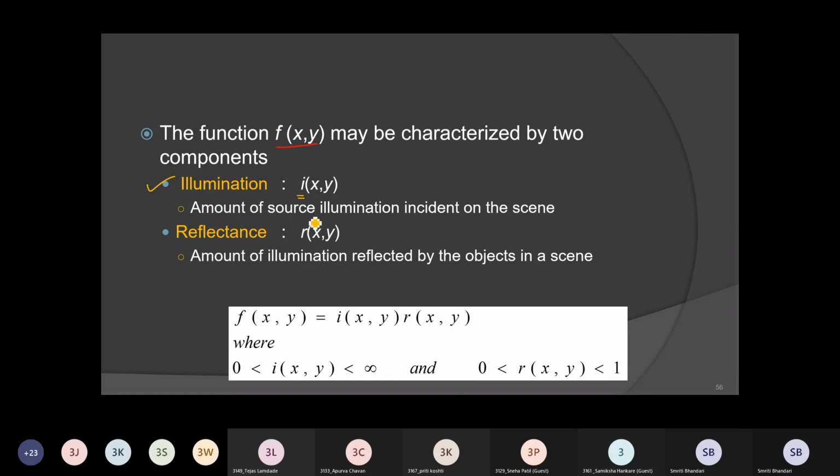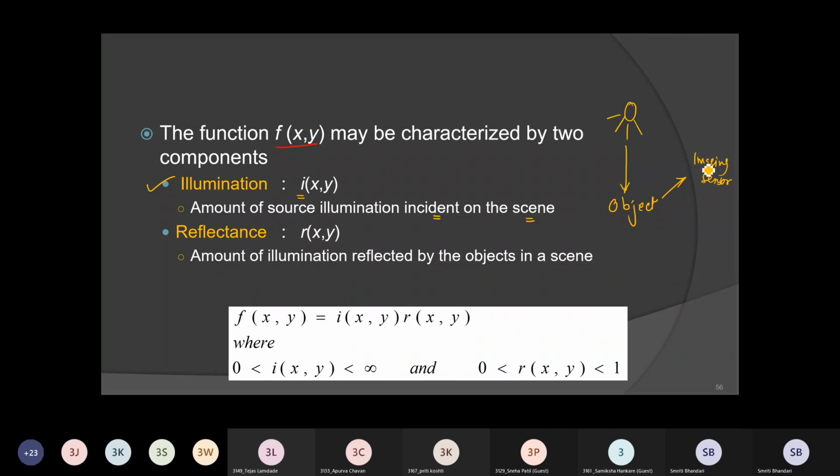So what is illumination? It is the amount of source illumination incident on the scene. So I'm having here some object, right? I'm having here the energy source. So light is incident on the object and the light gets reflected from the object. Okay. And then my imaging sensor is there, right?